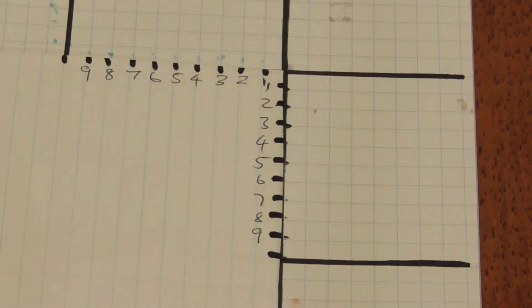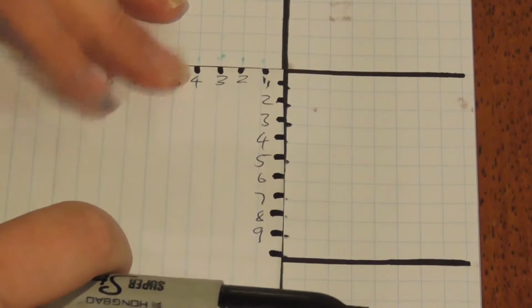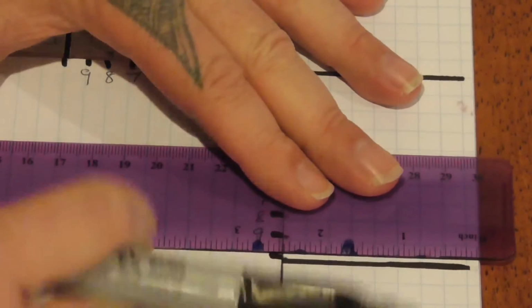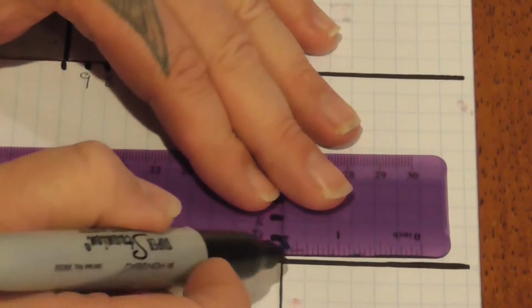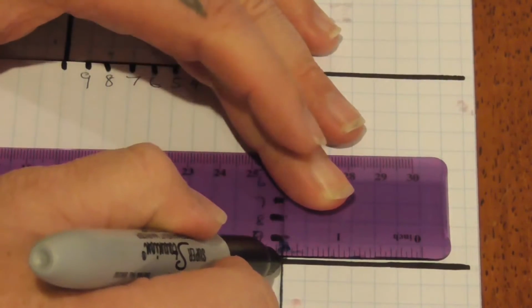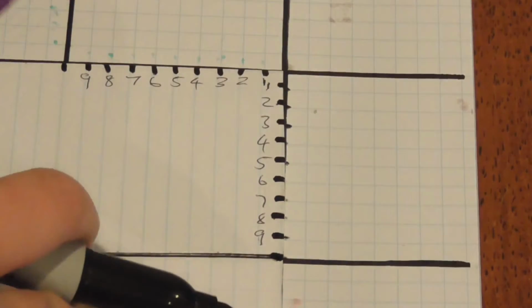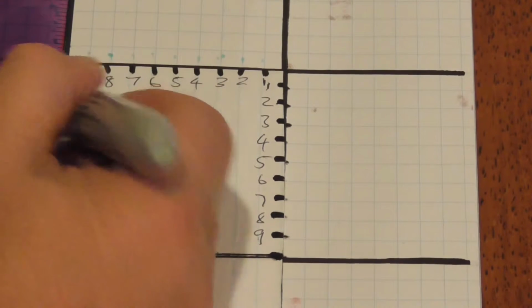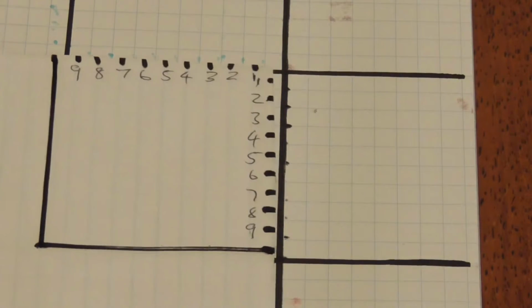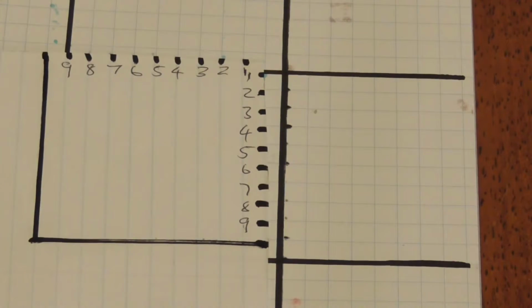We don't necessarily need to do this, but I'll grab my ruler and line this up to make it a little better. And what we have now is a Roma.